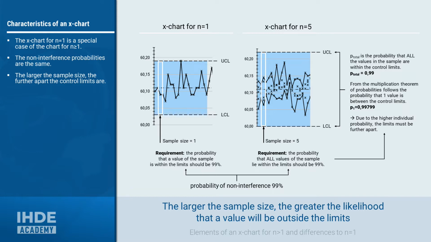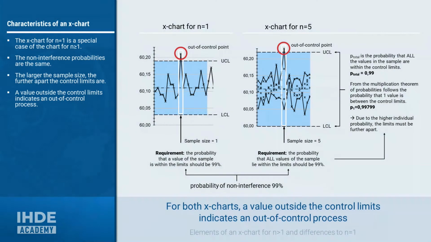It may be hard to grasp in this short space of time, but this lesson isn't intended to provide the exact mathematical proof, just a more general understanding of why a larger sample size needs wider control limits. The more precise mathematical derivation is explained in a separate lesson. A value outside the limits always signals a process that may no longer be under control and should be readjusted.